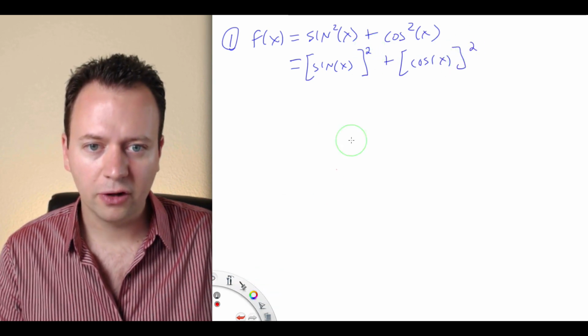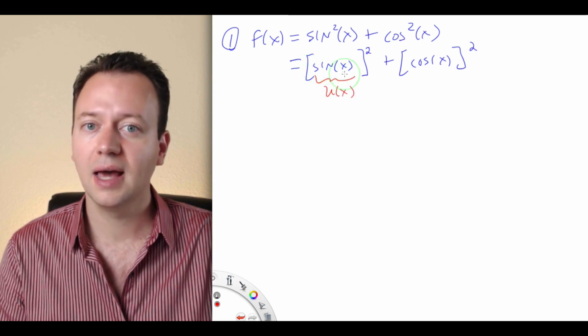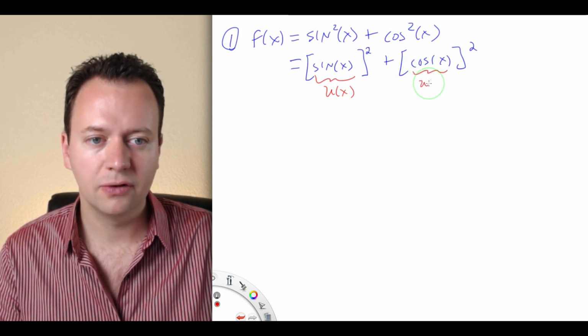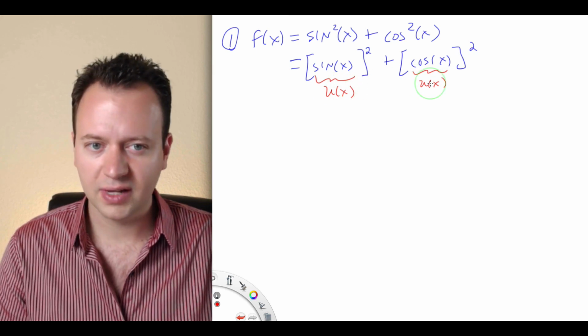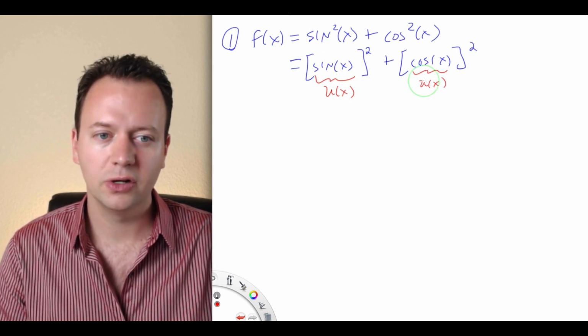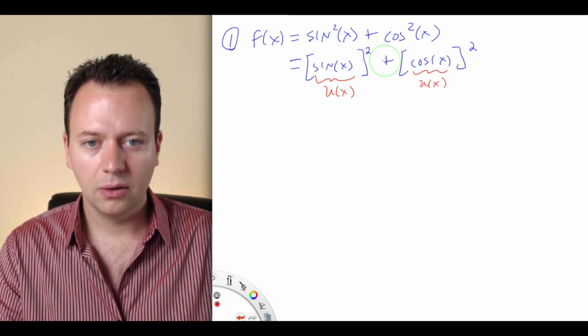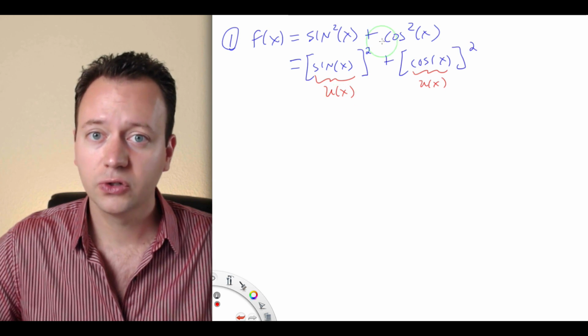Now the inside function, as I mentioned earlier, is right here, and it's more apparent that sine of x is the inside function. And then for the second term, the inside function would be cosine of x. We'll have separate work for each term, so I'm just going to use u and u, but they're separate u's. So just think about one u over here, another u over here. So here we have u of x squared.